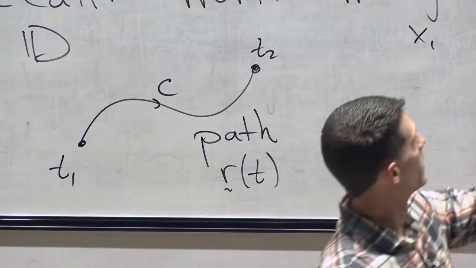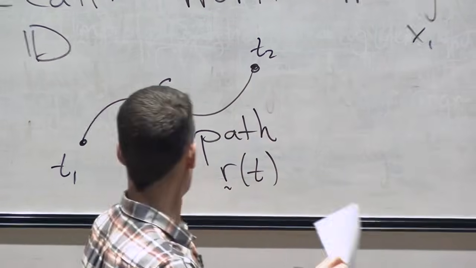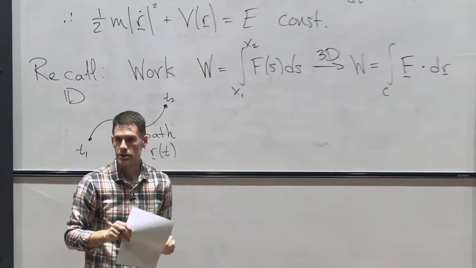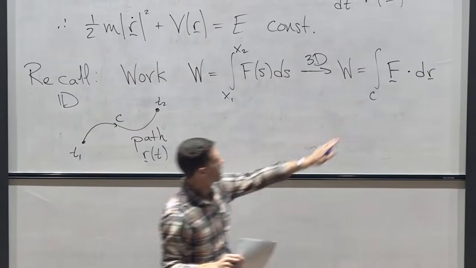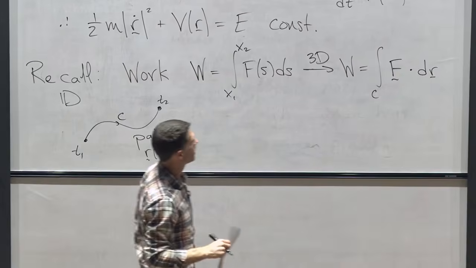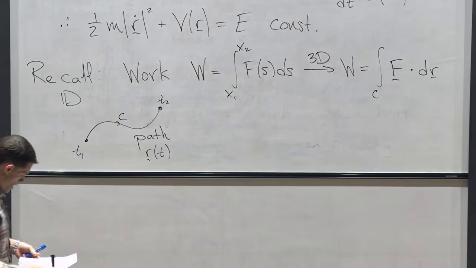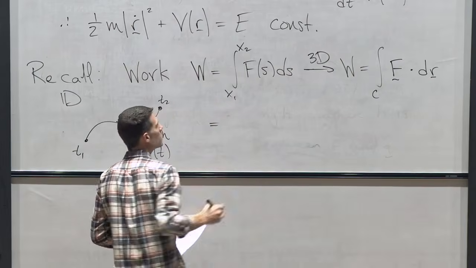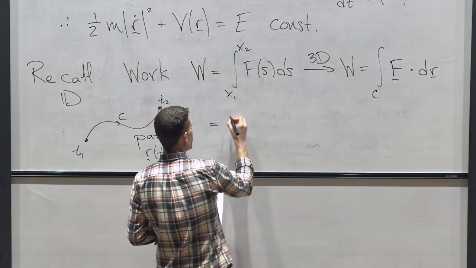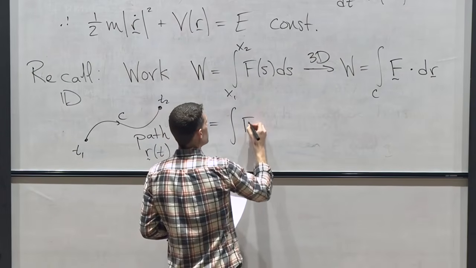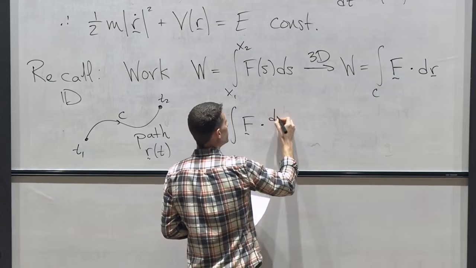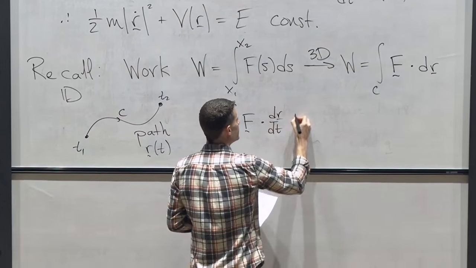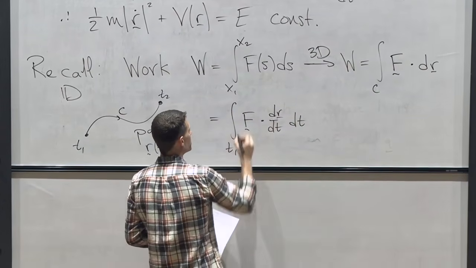This is the same as the 1D case if I chop this line into lots of little one-dimensional motions. So it's a line integral f dot dr. And what we can do with that is an integral of f dot dr/dt dt as t goes from t1 to t2.